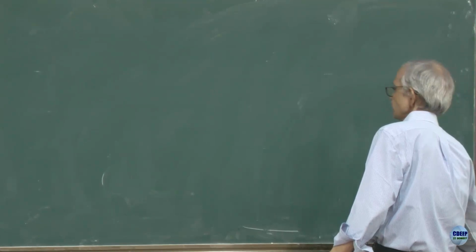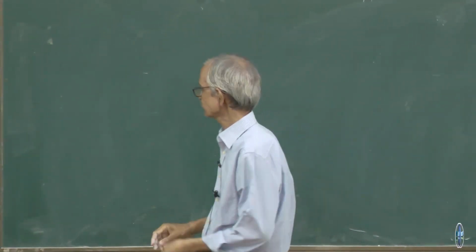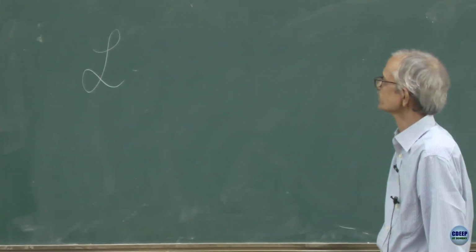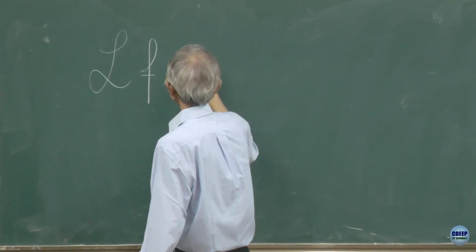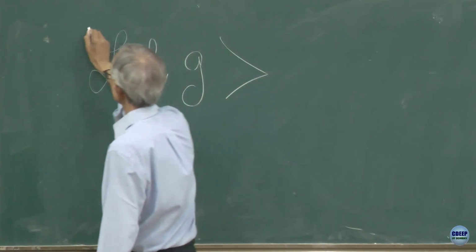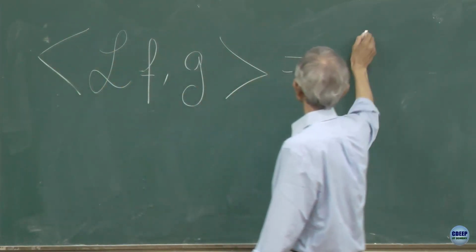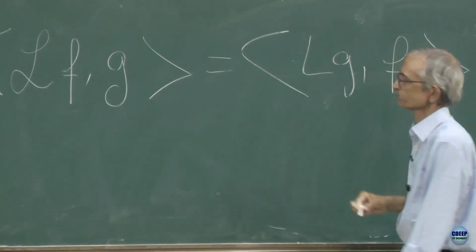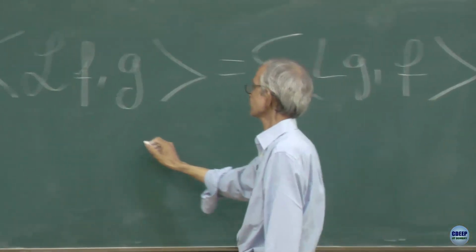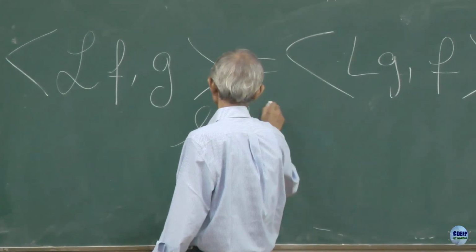So if I have an operator L, and a function f, the inner product of Lf with g, if it is equal to the inner product of Lg with f, then this is a self-adjoint operator.